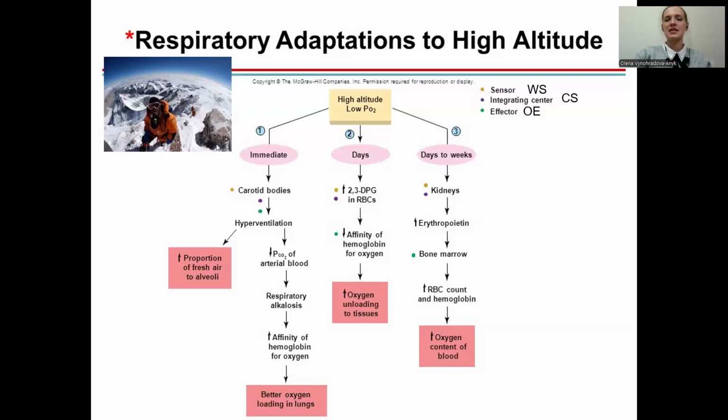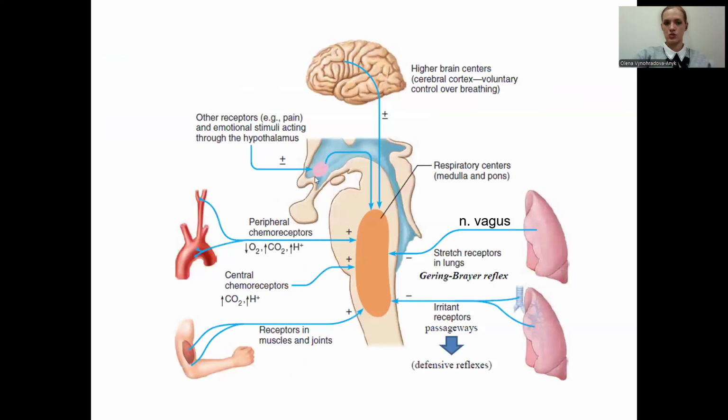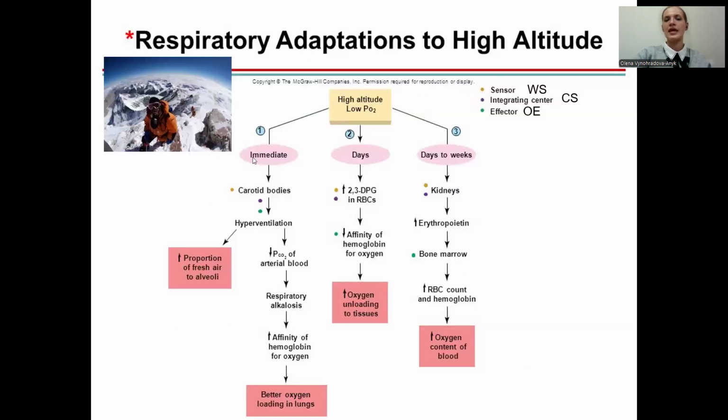First, the immediate reaction. For the immediate reaction, we have activation of our peripheral chemoreceptors, the ones which are able to indicate the level of oxygen. As a result, we will have hyperventilation.